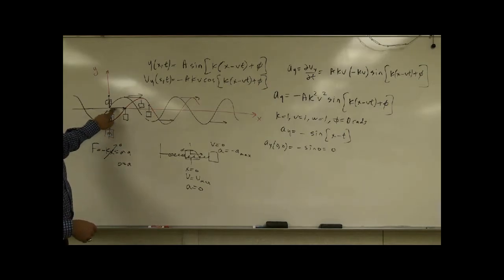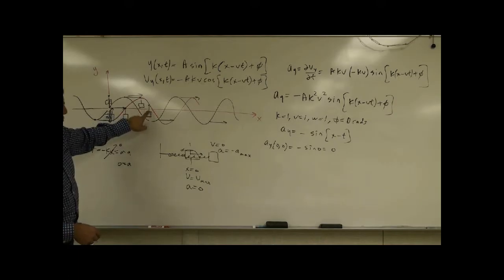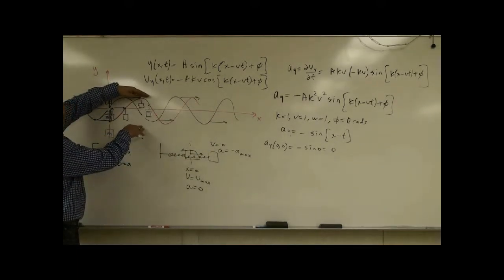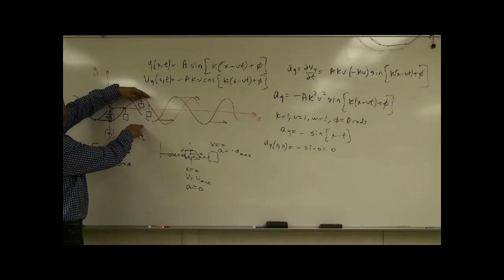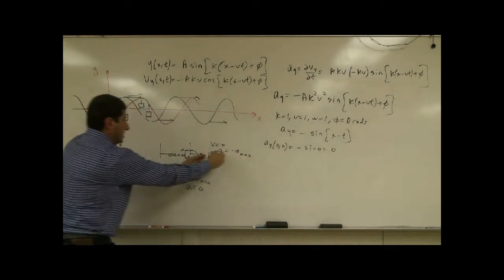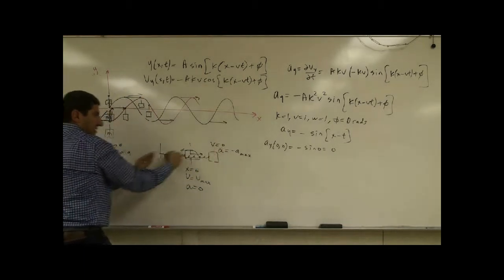So whenever the object is here, and then when this object moves down here, it should not be accelerating. At the two end points, it should have the maximum acceleration, right? So over here, when the block is here, it has the most negative acceleration because it's going to be down.